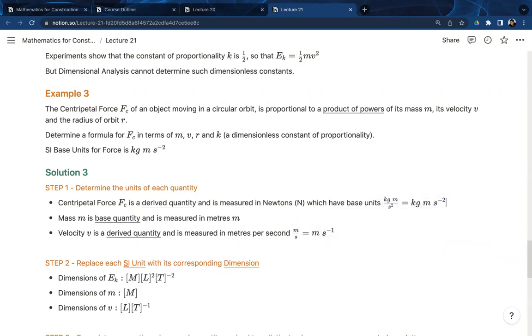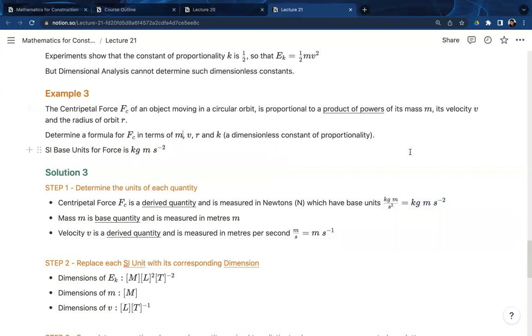And this is how you write it with everything in the numerator, with s to the power minus 2. This is mass by acceleration. Acceleration is meters per second squared, and mass is in kilogram. So this is mass, m.